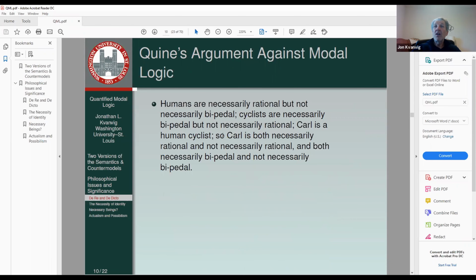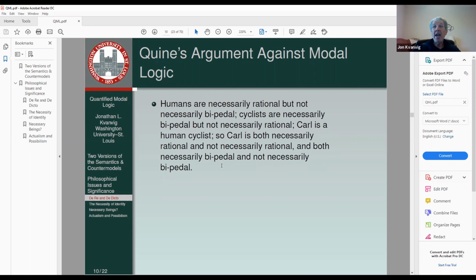He claimed that Carl is a human cyclist, so he's both essentially rational and not essentially rational, both essentially bipedal and not essentially bipedal. That's a contradiction if you hear the word, I'm using the word essential rather than necessary. I want you to hear the language of what's essential in terms of the narrow scope reading of the modal operator.